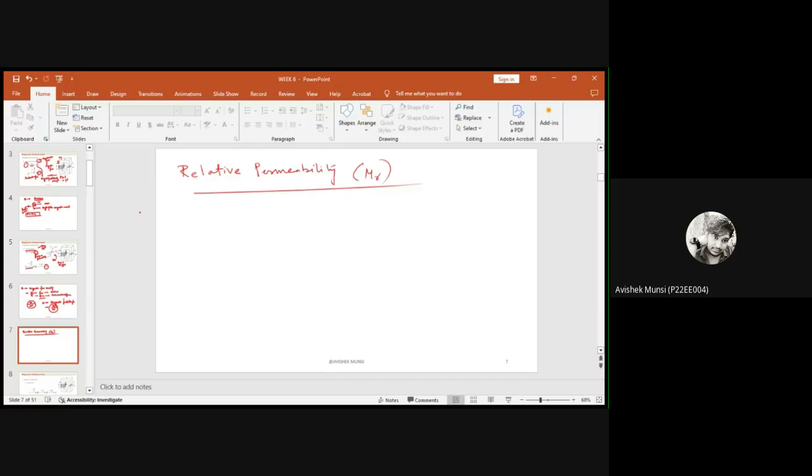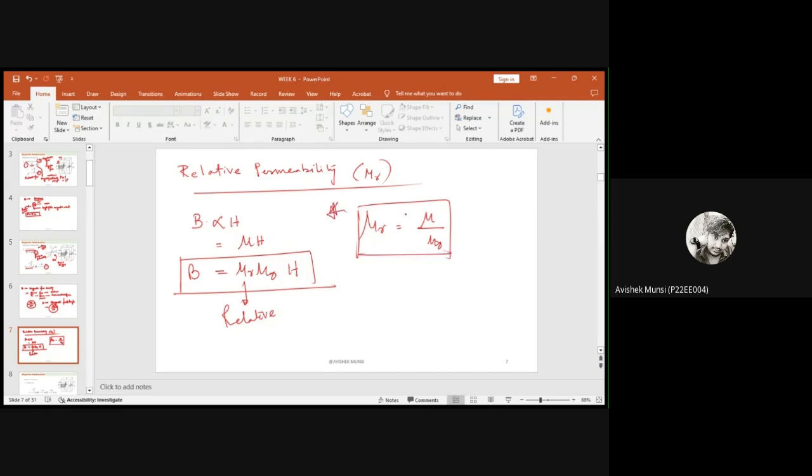As I said, B is proportional to H, so it can be written as mu H, and that is mu r mu 0 H. So this mu r, the relative permeability, is basically mu by mu naught.